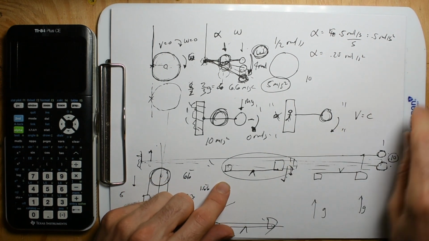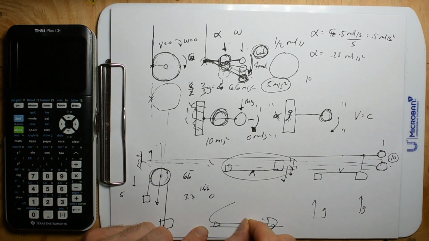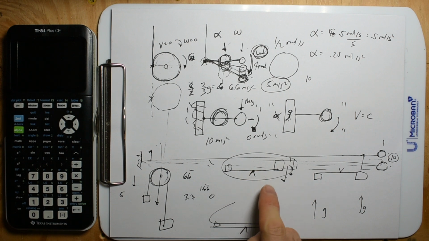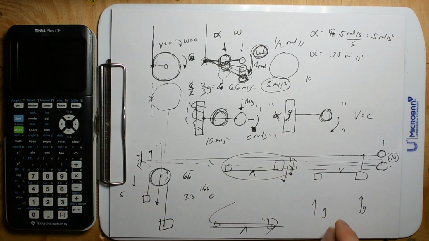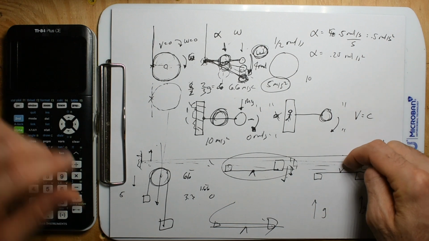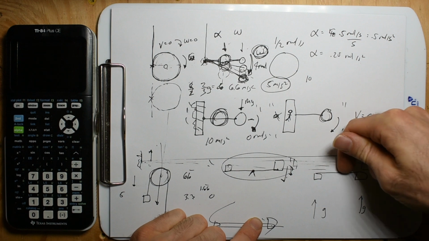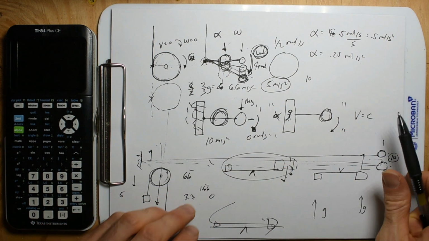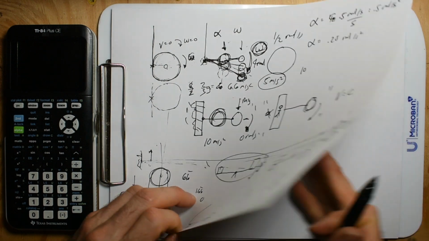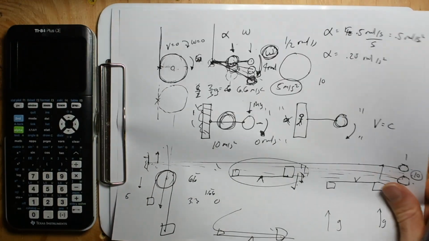But we could do a scenario where we pull this down at twice gravity, and this one will go up. It's the same thing as saying it's stationary, but then gravity is moving down. So I think that is a very fascinating one. Okay, so now we're just going to get technical for the rest of this video.